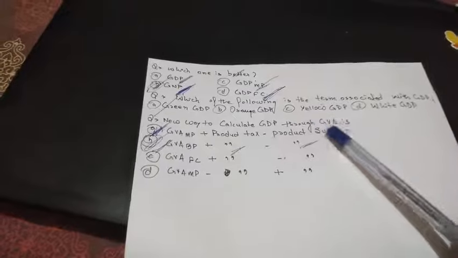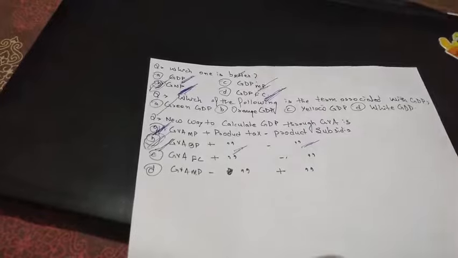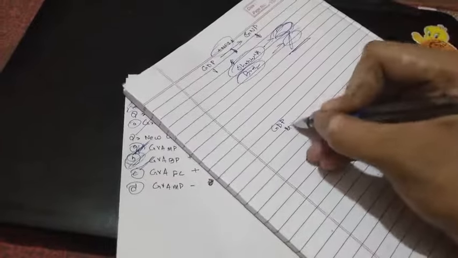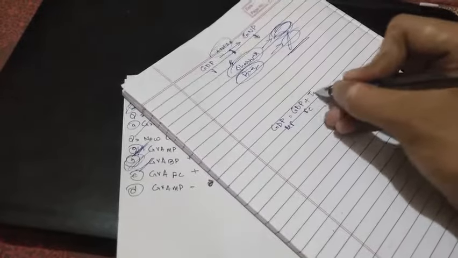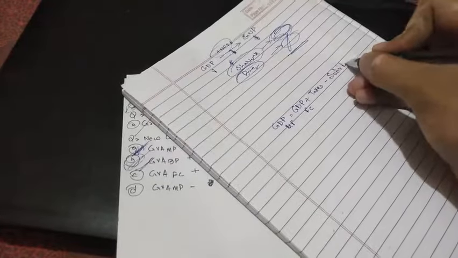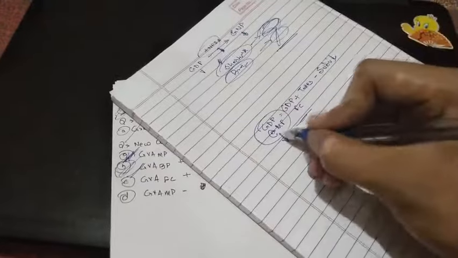The new way to calculate GDP through GVA. First we will see GVA. Previously, as we know, GDP at market price is equal to GDP at factor cost plus taxes minus subsidy. So previously, governments were taking GDP at market price into concern to calculate the GDP, but the government later found that it is not giving the real picture.